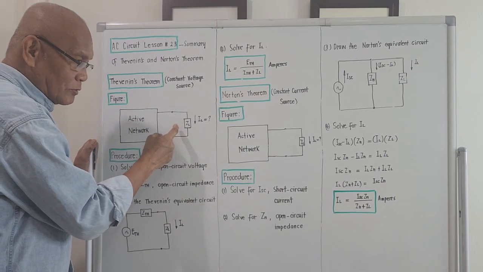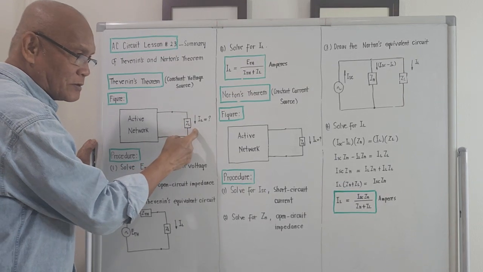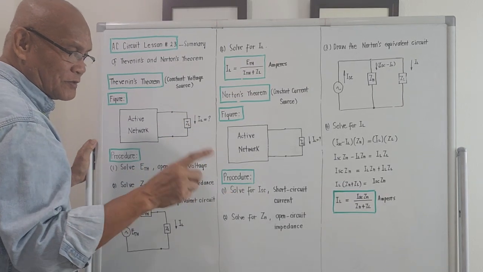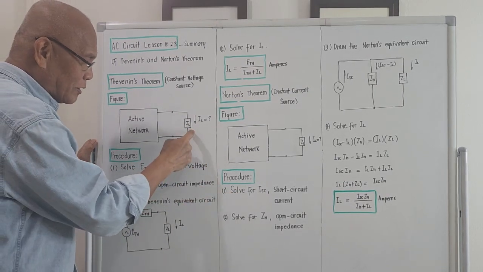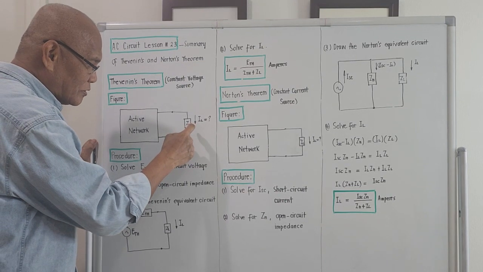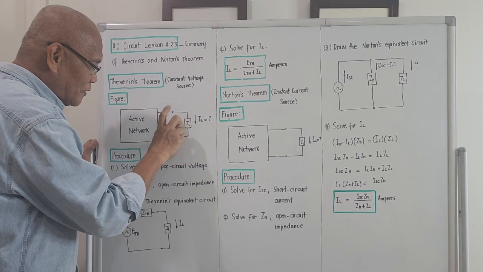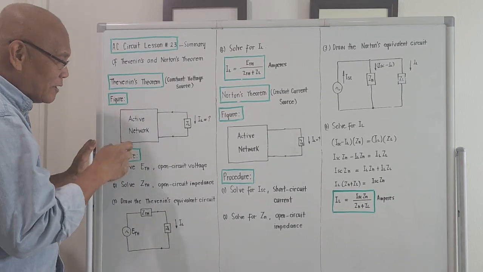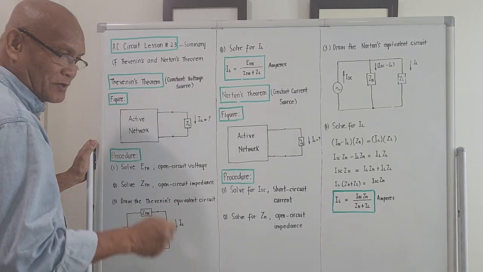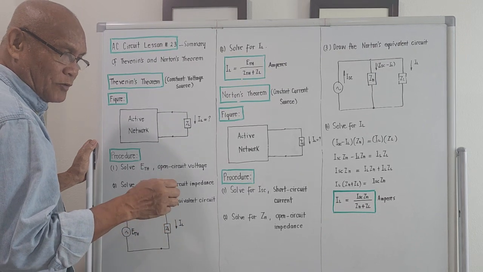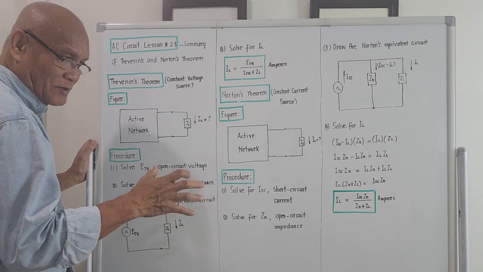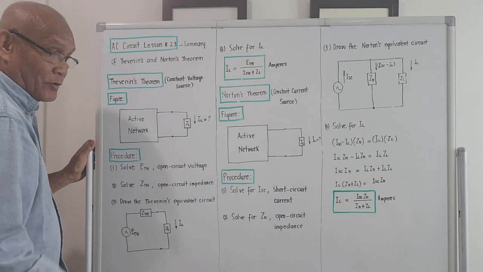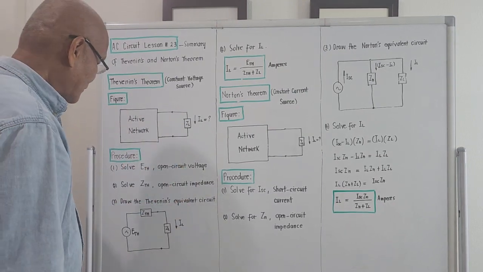And if we connect a load impedance, the problem is just asking what will be the load current passing through ZL if it is connected to that given active network, which contains voltage sources of EMF and some impedances, because it's an alternating current circuit.